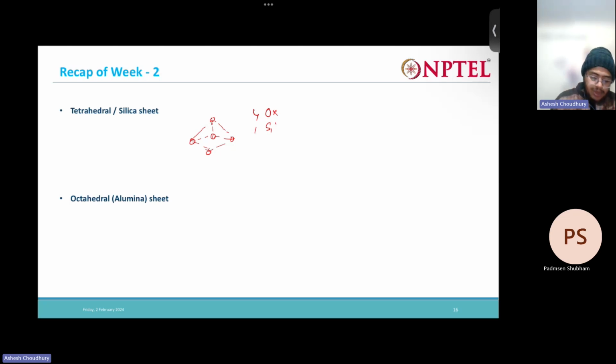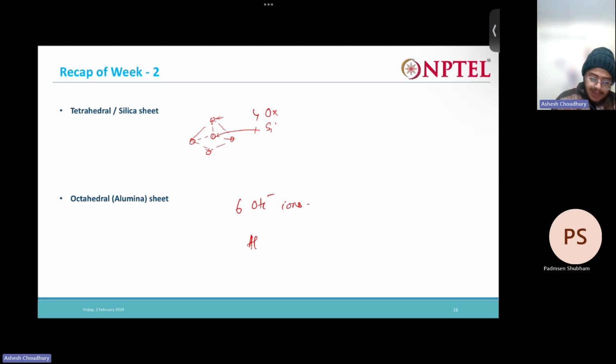Similarly, in octahedral alumina sheets, what you have is six OH minus ions that enclose the center. So we will have six OH minus outside, and inside, say, if we have aluminum, here it is silica, right?